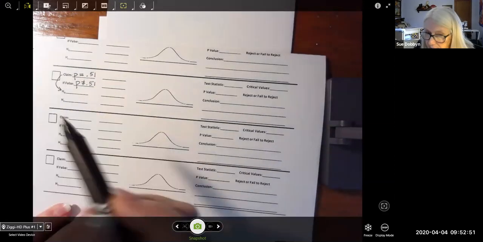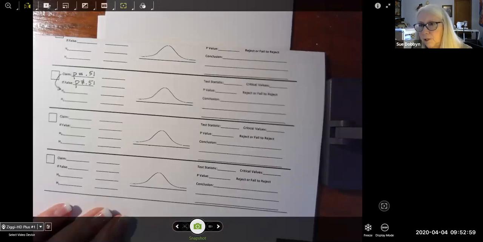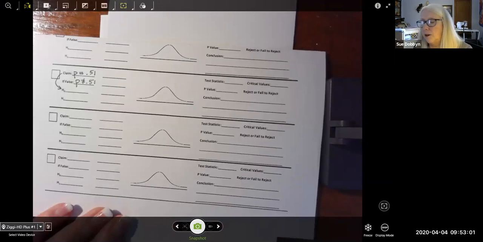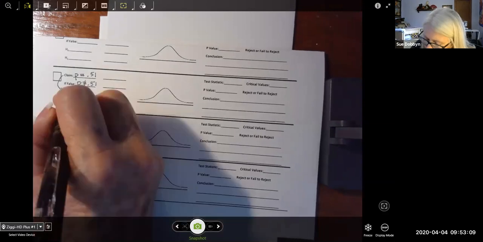Okay, so I always have somebody that argues with me that because they can see an equal sign in the equal slash thing, the not equal to, then it also contains equality. No, it's the exact opposite of equality, okay? So here the claim became the null, and the if false became the alternative.